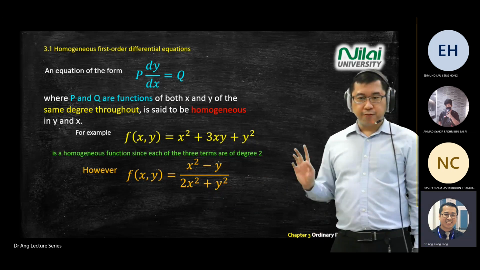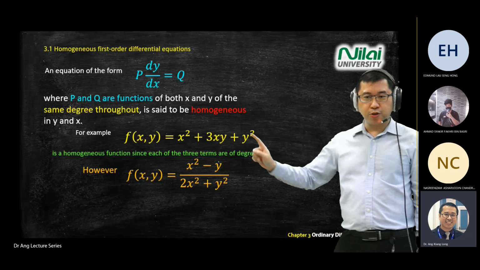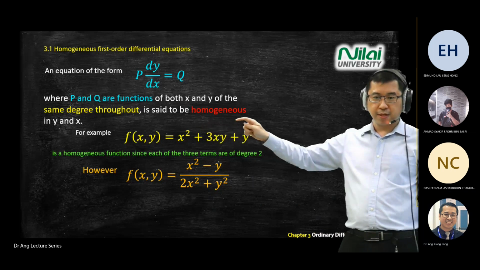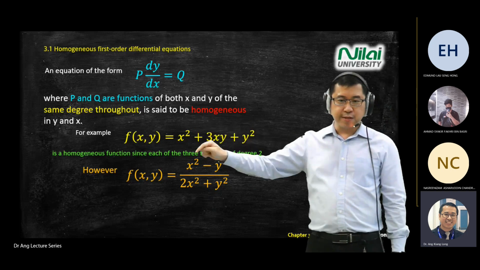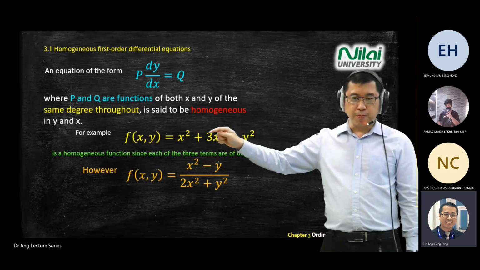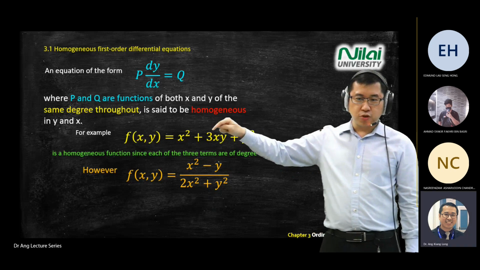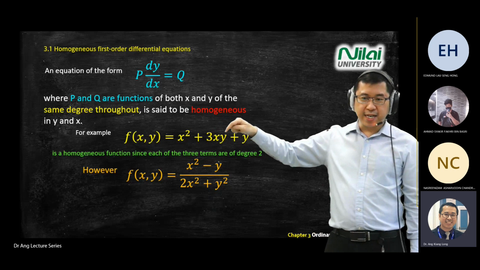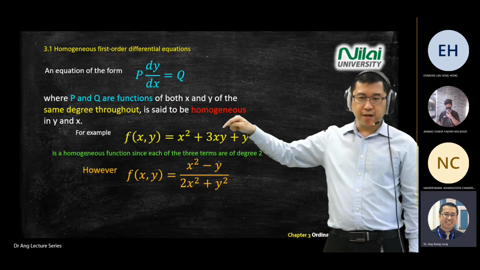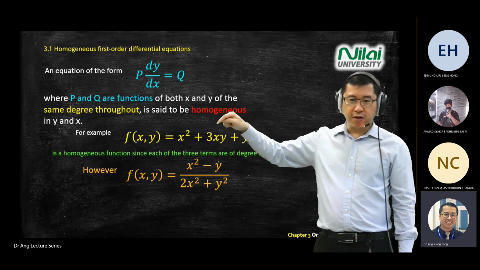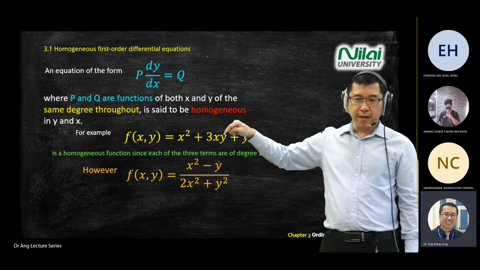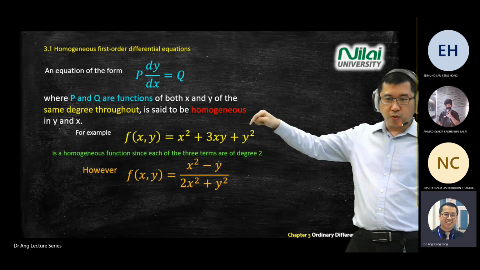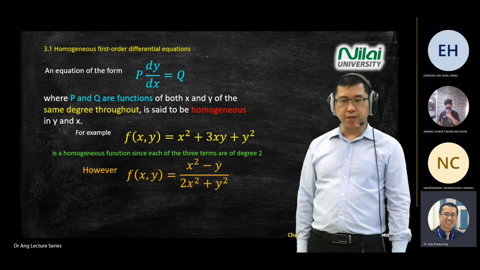Okay? First, ask yourself, do you know what is homogeneous or not? The degree must be the same. If this one is x power 3, to become homogeneous this one must be 3 power 3 multiplied by x, y, z, or 3 power x power 2, y, or x multiplied by y power 2, the total must be 3, and y power 3 to become homogeneous.